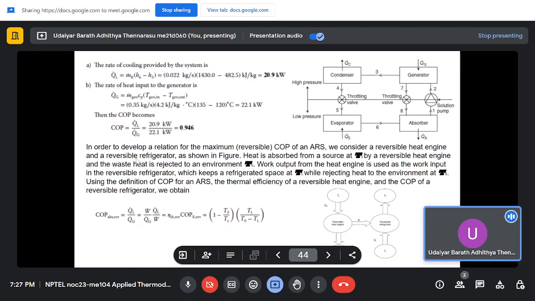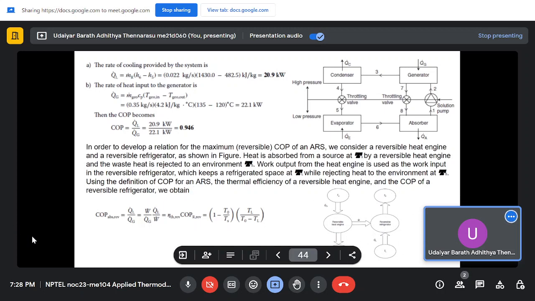Now, in order to develop a relation for the maximum COP of an absorption refrigeration system, we consider a reversible heat engine and a reversible refrigerator as shown in the figure. Heat is absorbed at the source temperature. The basic idea is converting this to a schematic of a reversible heat engine which is driving a reversible refrigerator, which I explained previously.